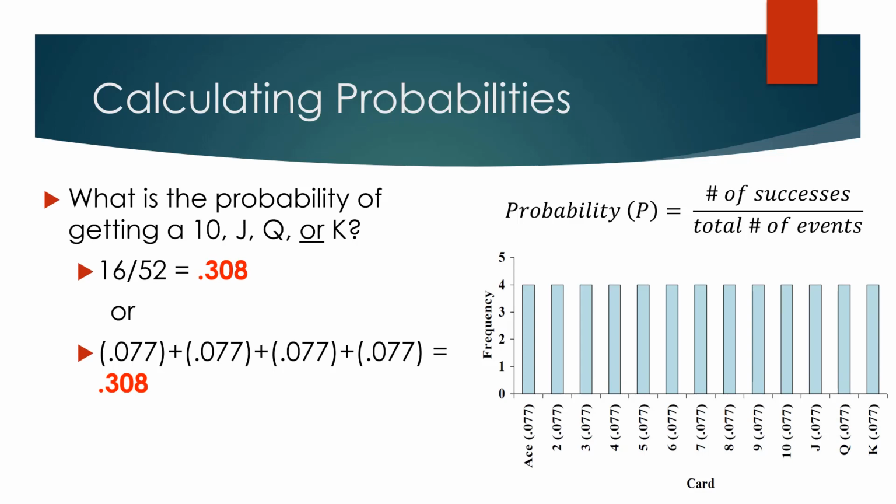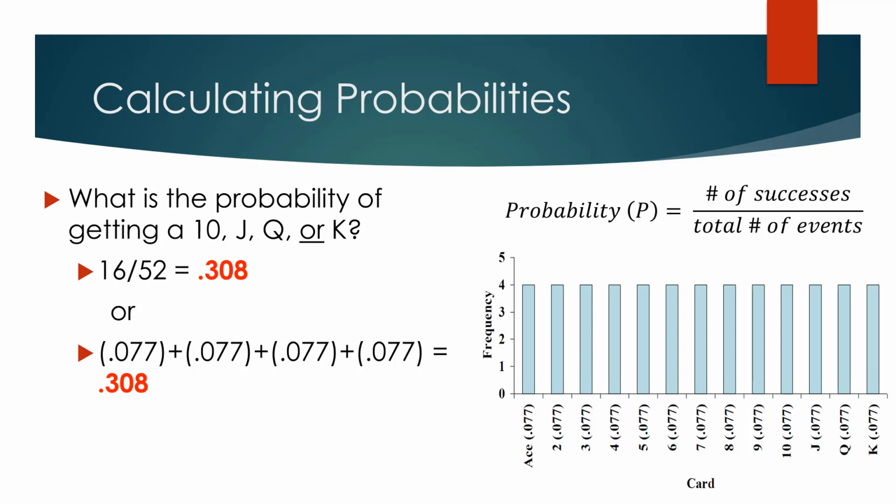So really, I have 16 chances because there are 4 tens, 4 jacks, 4 queens, 4 kings. So 16 cards meet the criteria for me picking one of those out. So the probability is 16 out of 52, which is 0.308. So I have almost a third chance of drawing a 10, a jack, a queen, or a king.